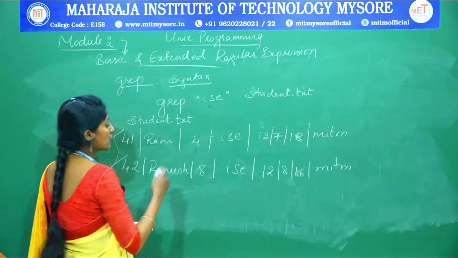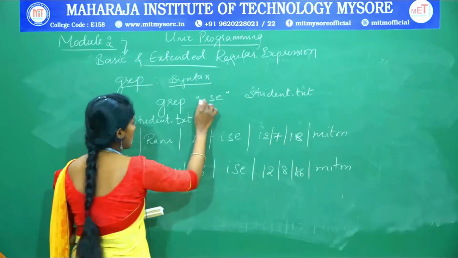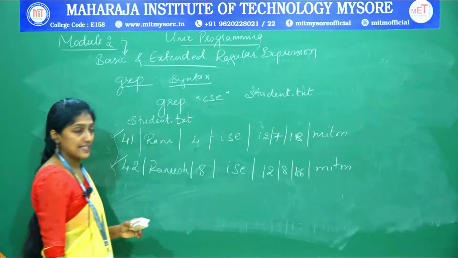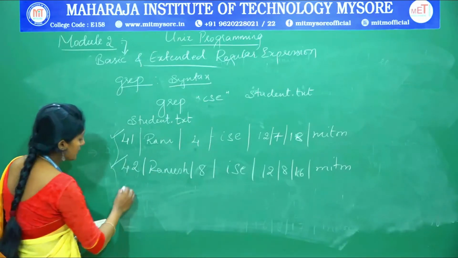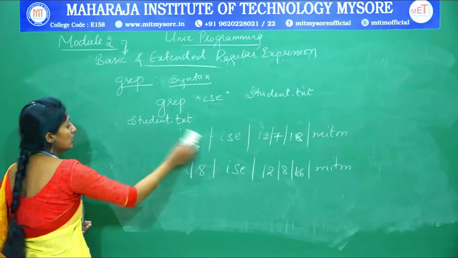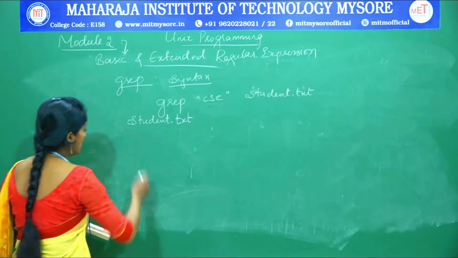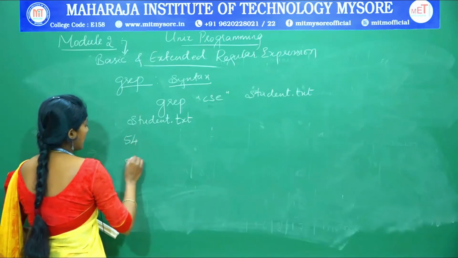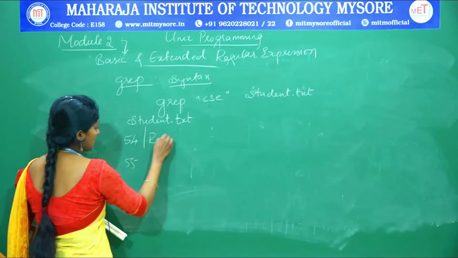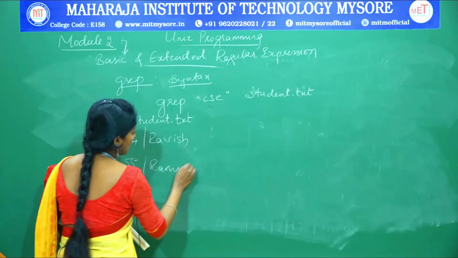Likewise, if you want to search for CSE, that is also possible. You can just give CSE. At that time it is going to display those two student names, one with 54 and the other with 50. Here it is Ravish and here it was Ramya.